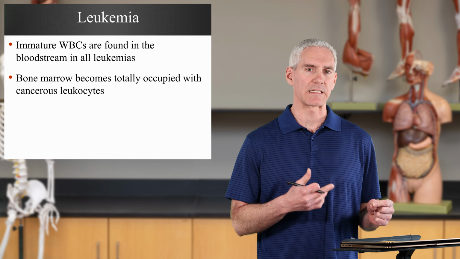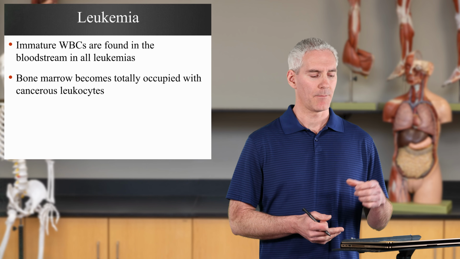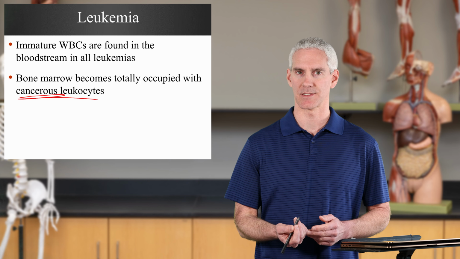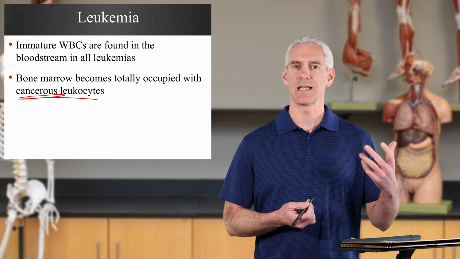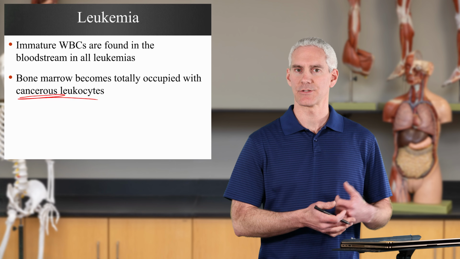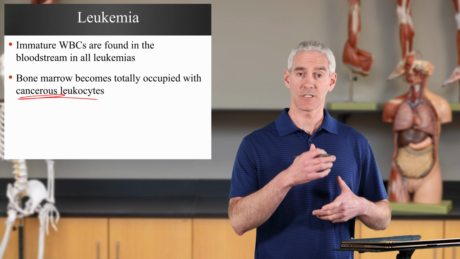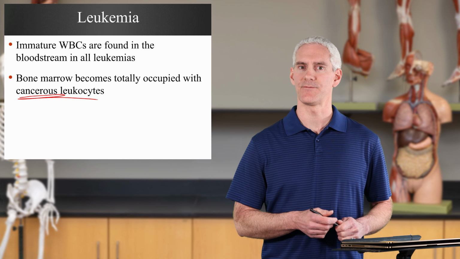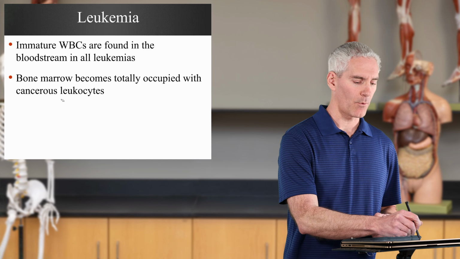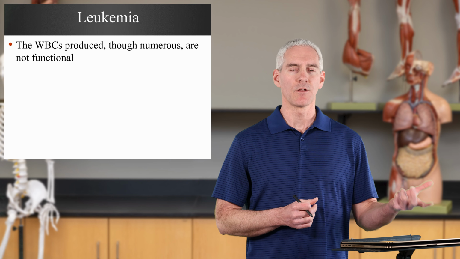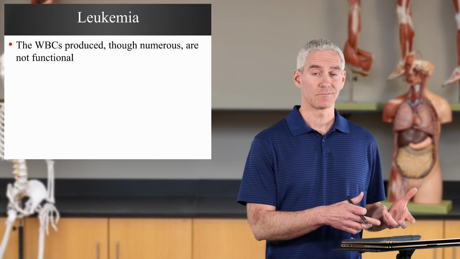The bone marrow that's producing the white blood cells becomes completely occupied with cancerous leukocytes. Those leukocytes become cancerous and brittle, which means they're still producing and producing, but they're not functional. Unfortunately, that means they can't do their job.